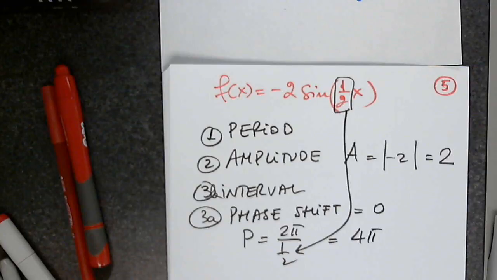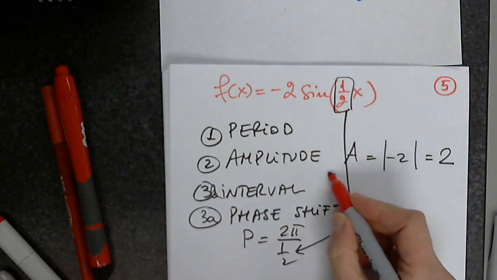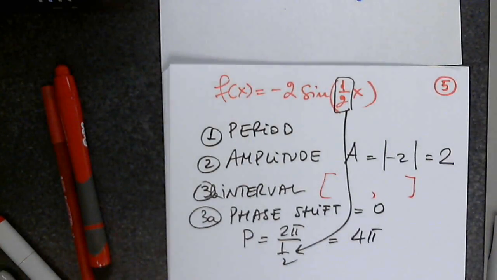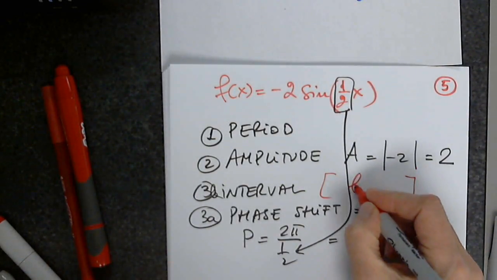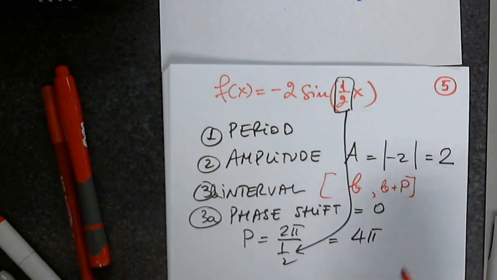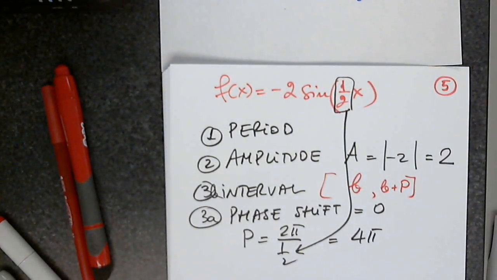Exactly. So now I'm asking you to give me the most important interval. And let me refresh your memory. It's b plus the period. So what will be the most important interval for this function? That will give us the whole thing.